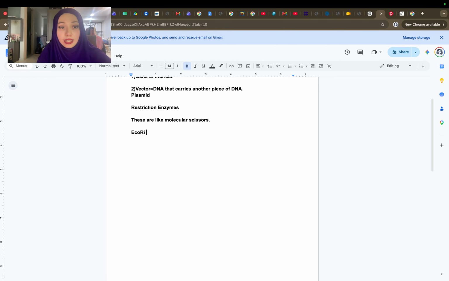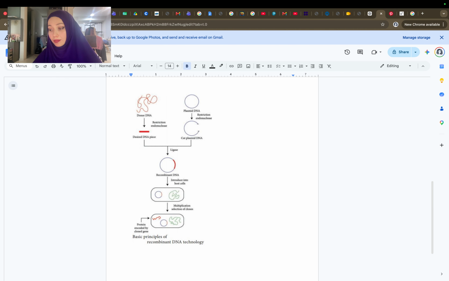We have our gene of interest and plasmids, and they are cut with the same restriction enzyme. But why do we need to cut them with the same restriction enzyme? Because the sticky ends have to form. We have to form sticky ends so that the ends match perfectly. They naturally want to pair.